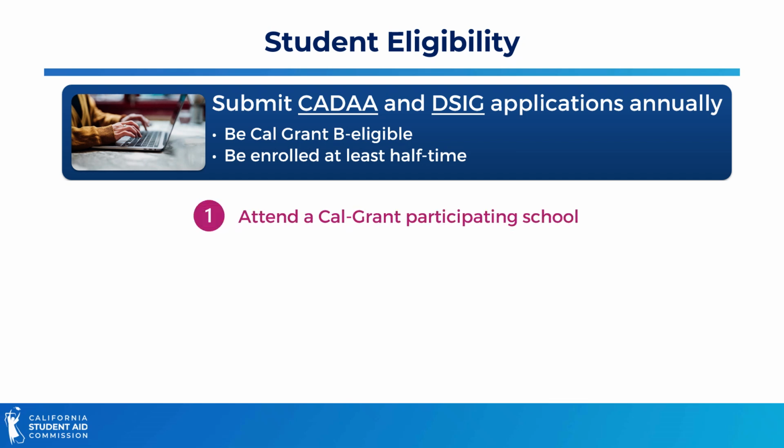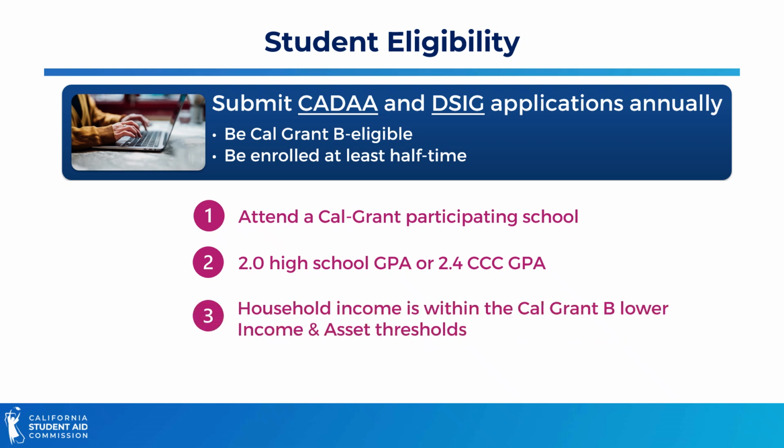This means the student must be attending a Cal Grant participating school, have a high school GPA of 2.0 or a 2.4 GPA from a community college, have a household income that is within the Cal Grant B lower income and asset thresholds, and have sufficient unmet financial need of at least $700 for Cal Grant B.